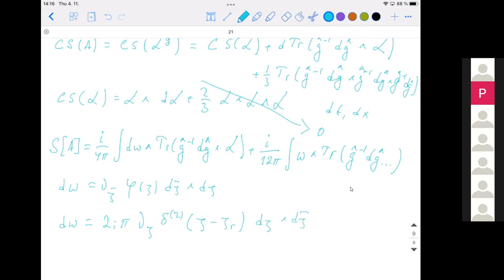Since the G hat is identity at infinity, the distribution from infinity will disappear. So we will have left only the distribution from 0.